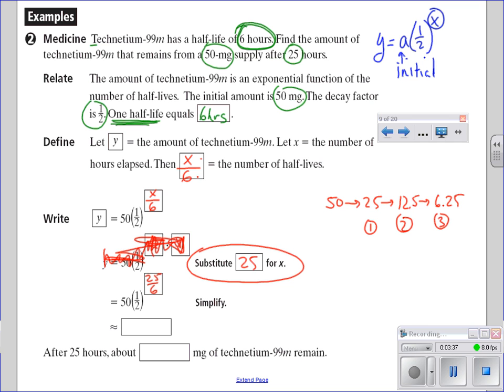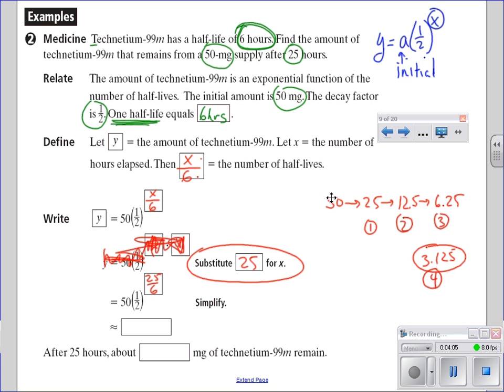And after 4, half of 6.25, that's 3.125. And I know 25 divided by 6 is just a little bit more than 4. So I'm expecting my answer in the calculator to be a little bit less than 3.125 milligrams. You can always check your answers this way on a test or quiz, quickly and easily.